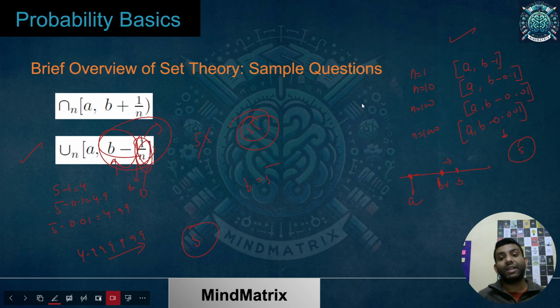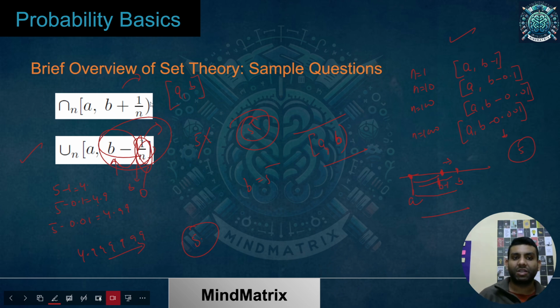That means if I take the union of all of these, so this union with some bigger interval, then some more bigger interval, then some more, the union would be coming out to be a, which is definitely part of it, and then it will go up to b, but b not included, so open interval over here. So I hope the idea is clear. For this one, we had a comma b like this, and for this one we are having the open one, and over here closed.